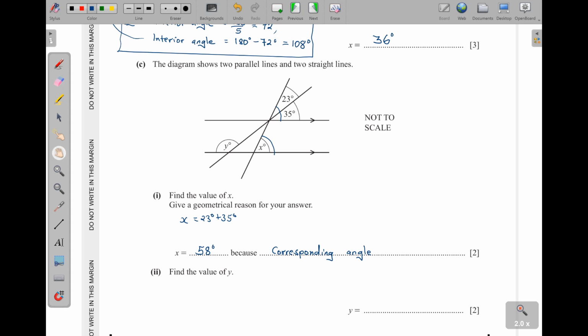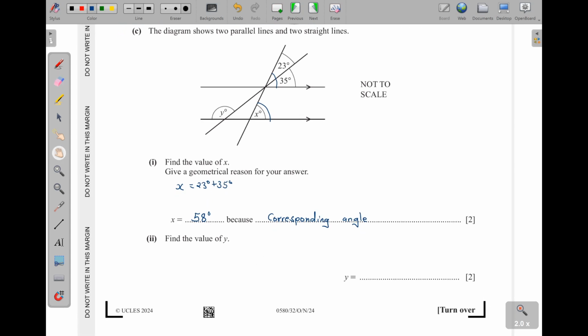And then next, find the value of y. Now, to find the value of y, we have here 35. So this is an opposite angle. Okay. So that means we shall get y plus 35 and we equate to 180 degrees.